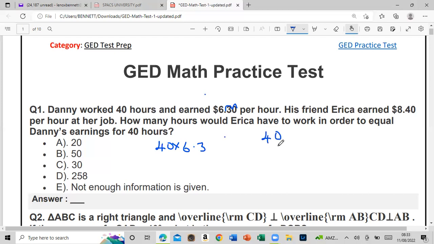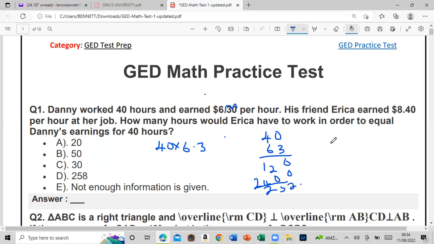Let's multiply by 63, ignoring the decimal point. 300, 3 4s are 12. Then 600, 6 4s are 24. So that's 252.